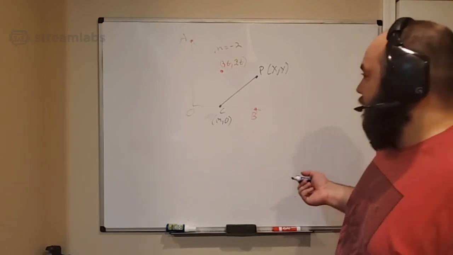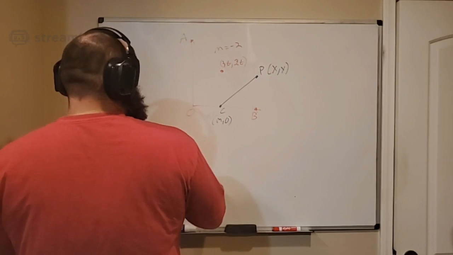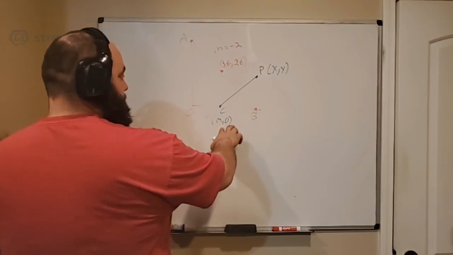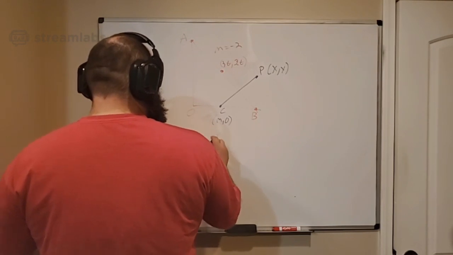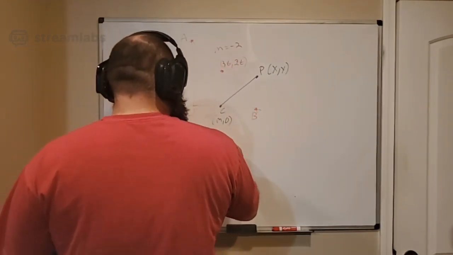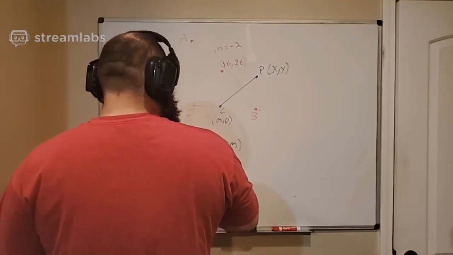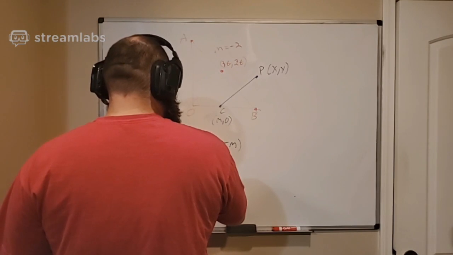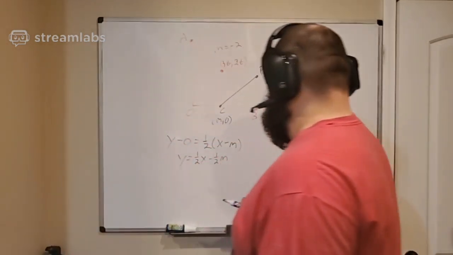So let's see. I'm going to use this 0, m here because it makes it a lot easier in my opinion. So y minus 0 is equal to, we know it's got a slope of 1/2, x minus m. Okay, so y is equal to 1/2 x minus 1/2 m. I got that. I'll call this x1, y1.